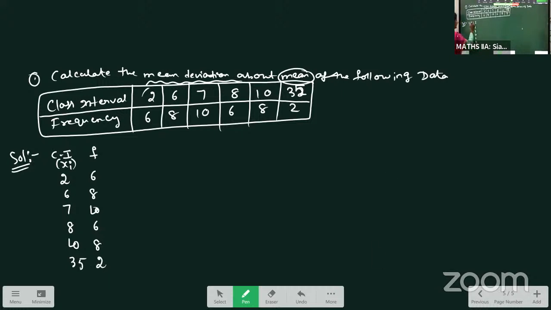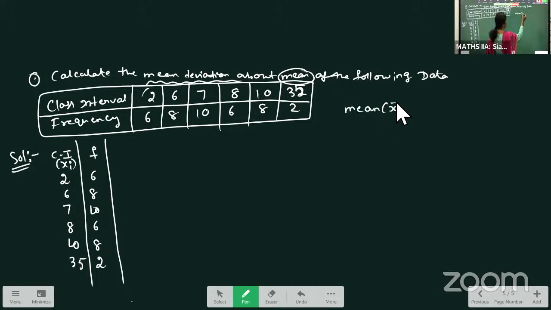After that, what are the next columns? We do not have an idea yet. So immediately, what do you have to do? We want to find the mean deviation about mean. First find the mean. For grouped data, the mean formula is sigma fi xi by capital N, where N is sigma fi.